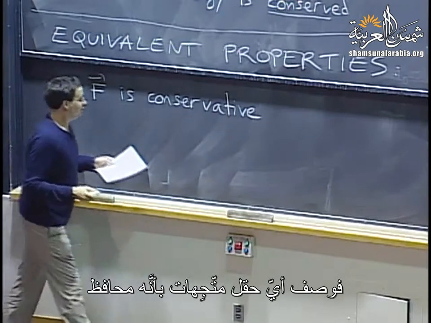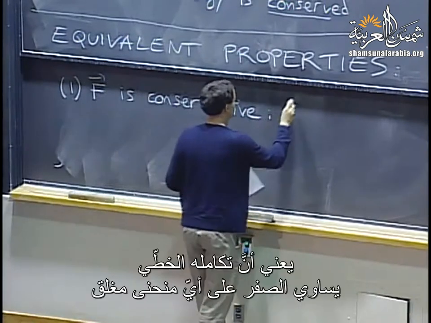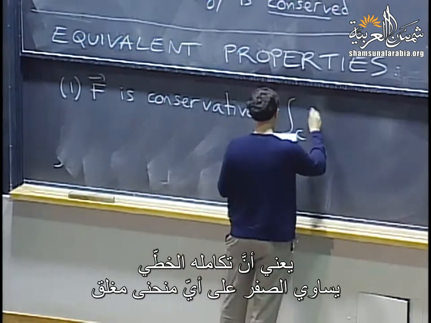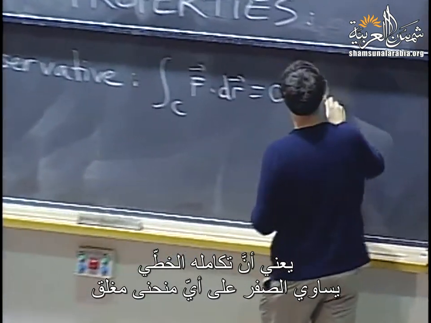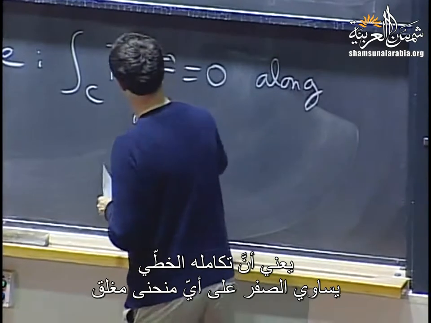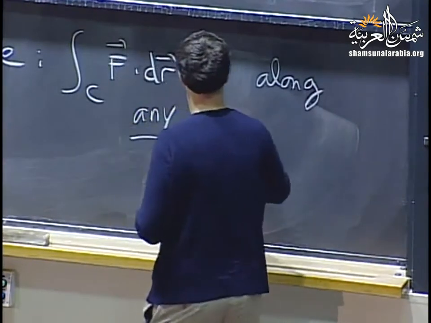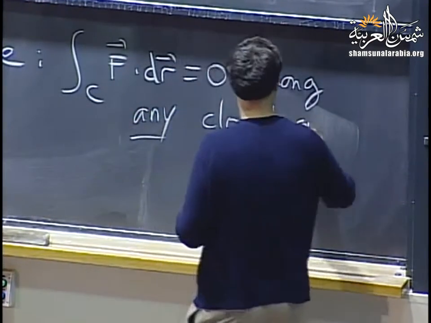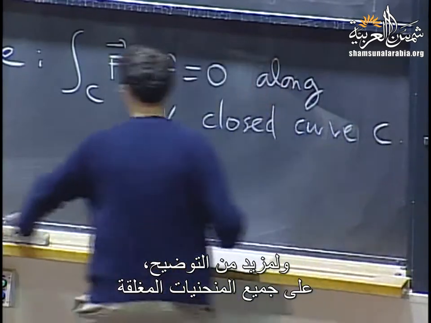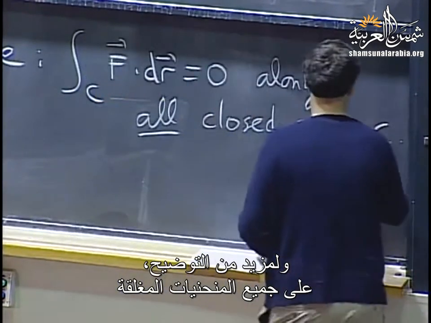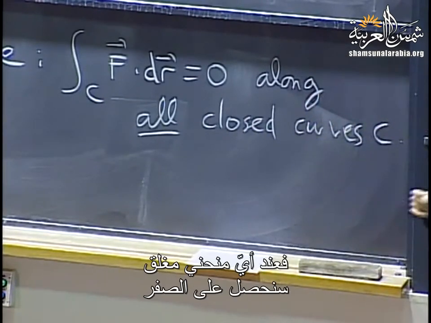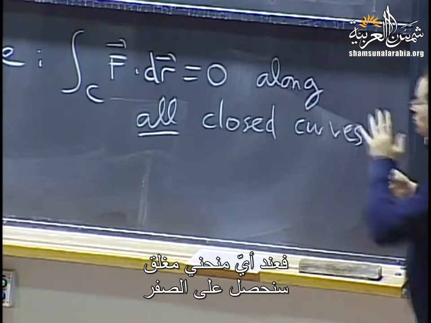To say that a vector field is conservative means that the line integral is 0 along any closed curve C. Maybe to clarify, sorry, along all closed curves. Okay? Every closed curve that you give me, I get 0.